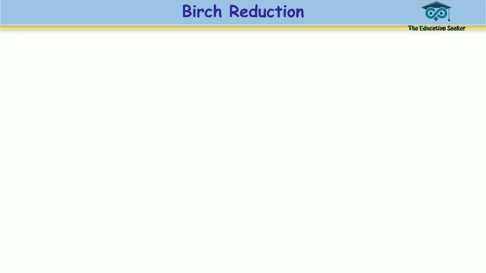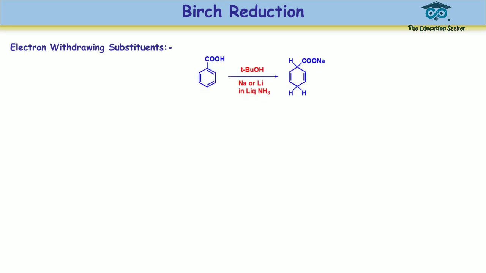So now, coming back to the second case, where benzene is connected to an electron withdrawing substituent. Here is the benzoic acid molecule, where the benzene nucleus is attached to a COOH group having -I and -R effect. So the benzene ring is electronically deficient. In another way, you can say that the potential energy barrier for the reduction to happen is not very high.